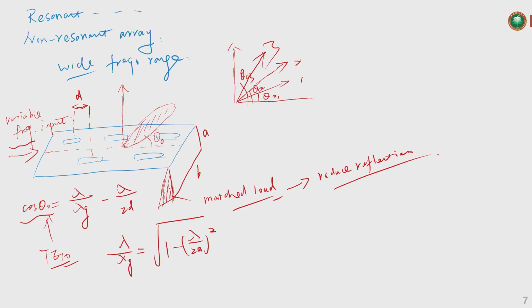But if we add a kind of material inside the waveguide, it also leads to some absorption. Am I correct? So if we add absorption, it is going to be less efficient than the resonant array.